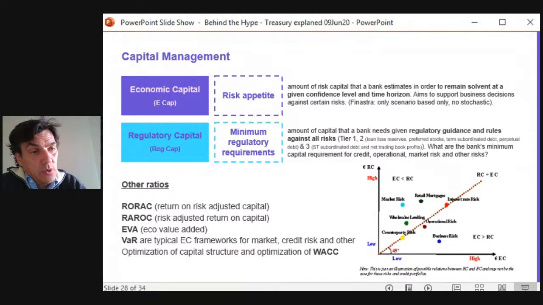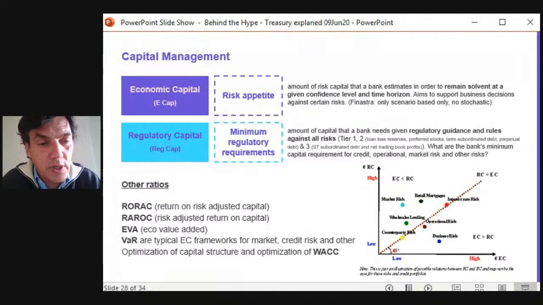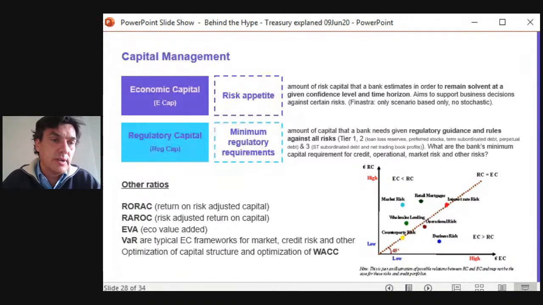And then you have other things that you would be taking into account in terms of capital management. So they are called the economic capital, the regulatory capital, the RORAC, the RAROC, EVA. So plenty of strange names, ratios that you can calculate. Just coming back to the economic capital, actually the economic capital would be the amount of capital you need to run your bank with a good confidence in terms of revenues and profitability.